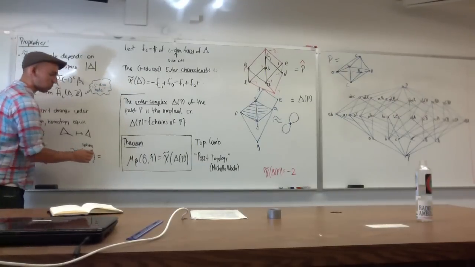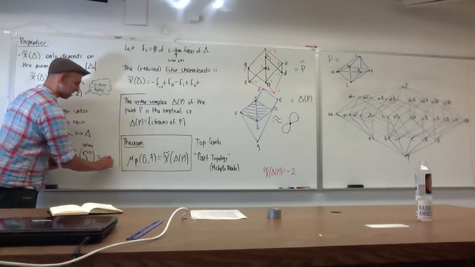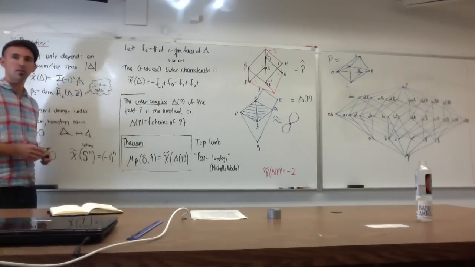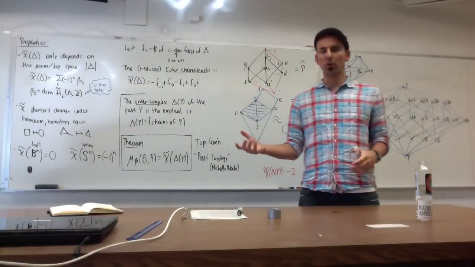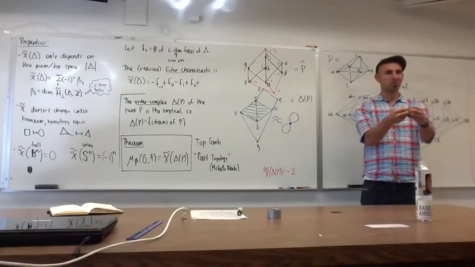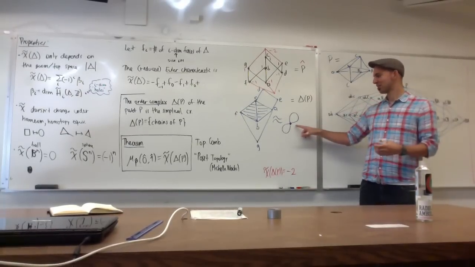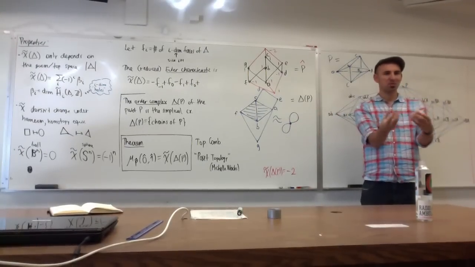Well, that has one hole in dimension n. Right? So the Euler characteristic of that is -1 to the n. And then there are theorems in topology that tell us what happens to the Euler characteristic when we put two things together like this. This is -1 and this is -1. When you put them together, it's -2.